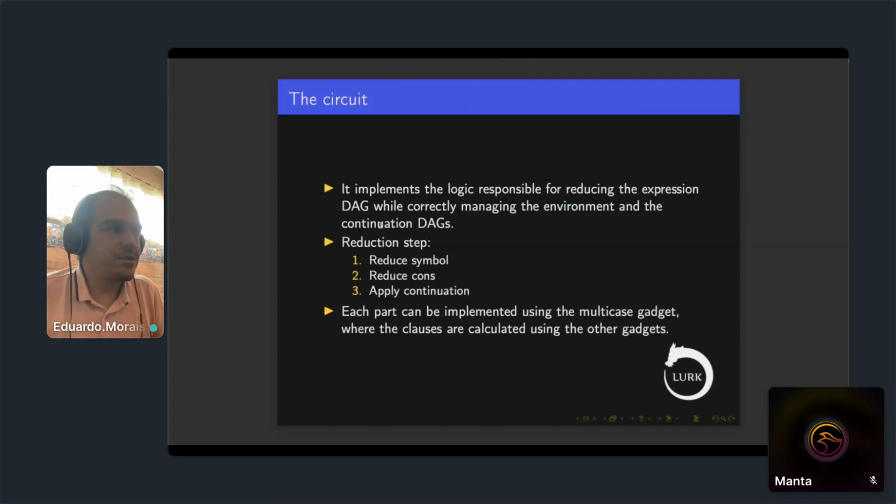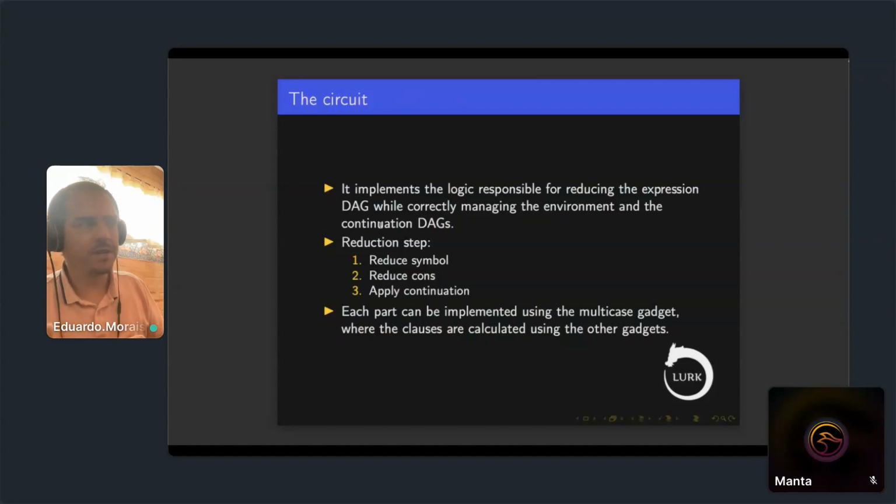Our circuit is constructed by managing the 3 Merkle DAGs. So the logic of our circuit is the logic to read expressions and reduce expressions step by step. And as we do this reduction, we need to add or remove continuations from the continuation DAG, which is basically a stack.